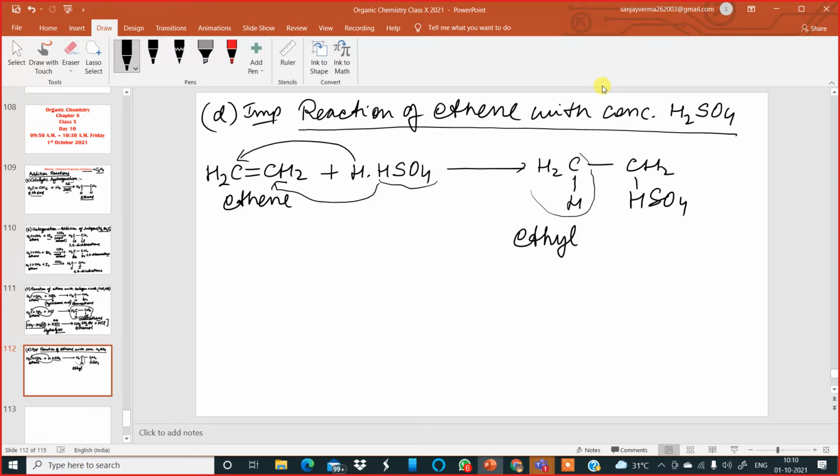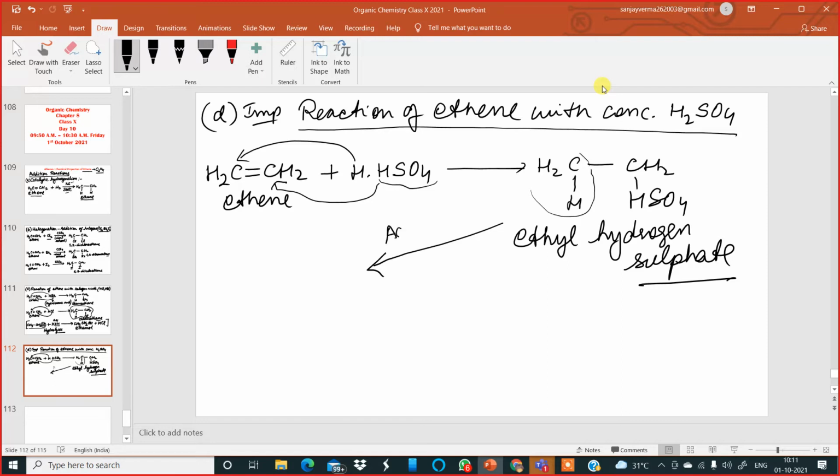This compound is called ethyl hydrogen sulfate. Okay. Now if you conduct hydrolysis on this ethyl hydrogen sulfate, meaning reaction with aqueous sodium hydroxide or aqueous potassium hydroxide, then this ethyl hydrogen sulfate will give us an alcohol.